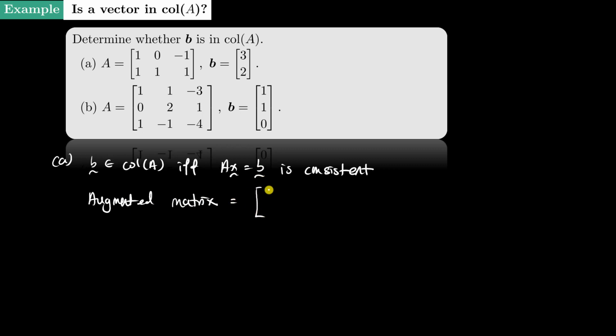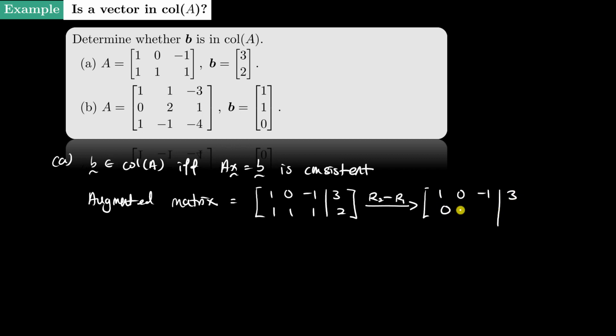Which is, in this case, equal to 1, 0, minus 1, 3 for the first row, 1, 1, 1, 2 for the second row, and this can be reduced to, row 2 becomes row 2 minus row 1. So that will give you, where you can immediately identify the pivots.